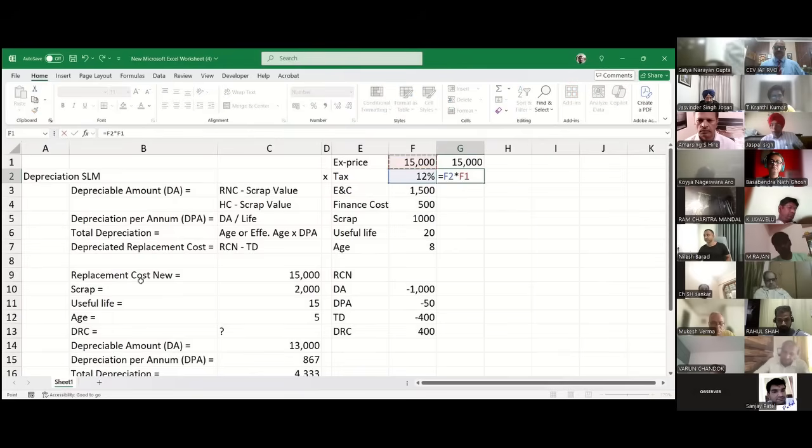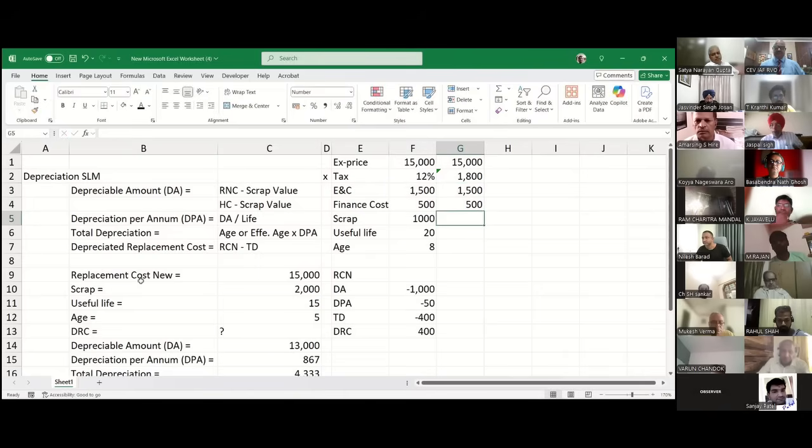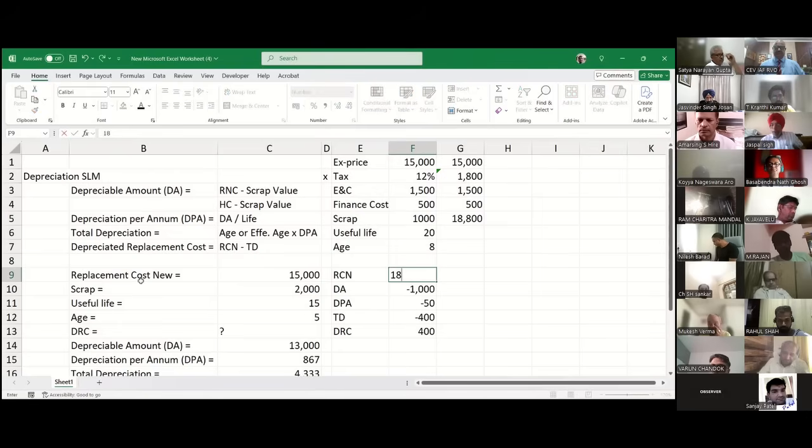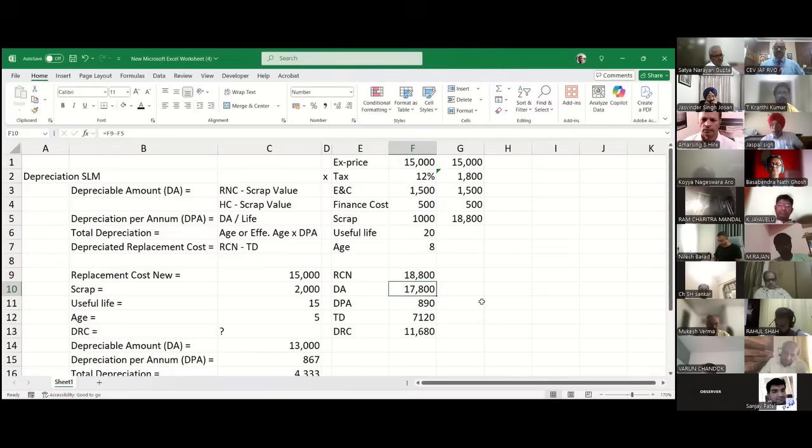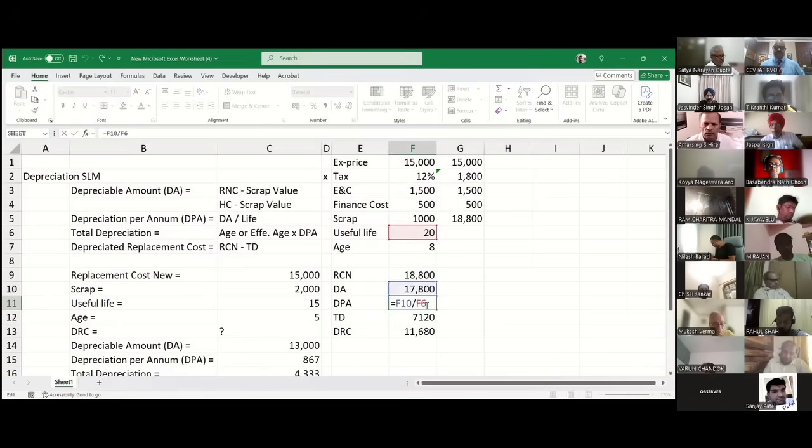Taxes are 1,800, erection and commissioning 1,500, and finance cost 500, so the replacement cost is 18,800. The scrap value is 1,000, so the depreciable amount is 17,800. What will be the depreciation per annum? 890.